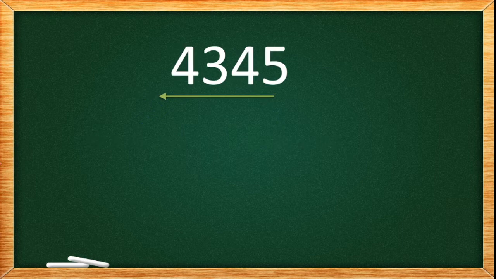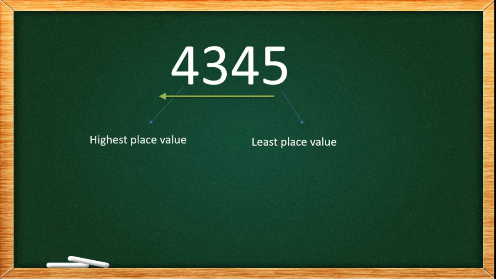Look at the second number. Here 5 has the least place value and the leftmost digit 4 has the highest place value.